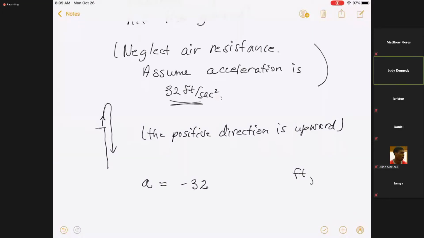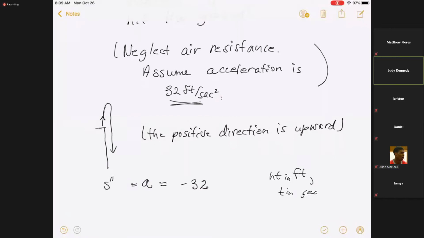And this is in the English system, measuring height in feet and time in seconds. Okay. So acceleration is a constant minus 32, and acceleration is also the second derivative.